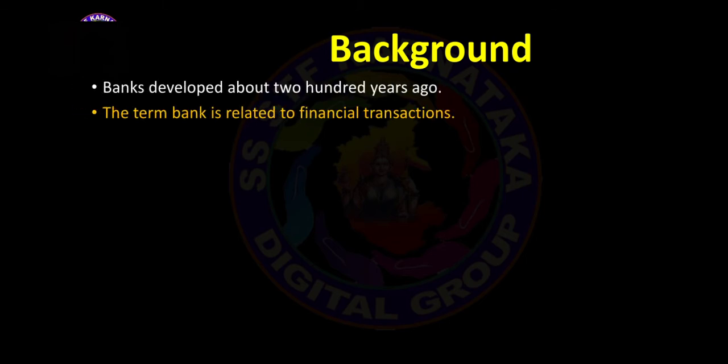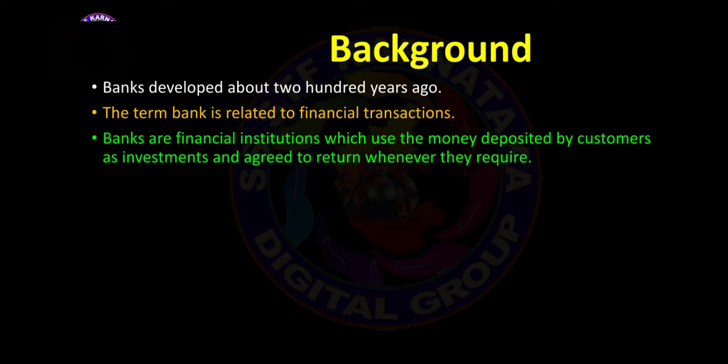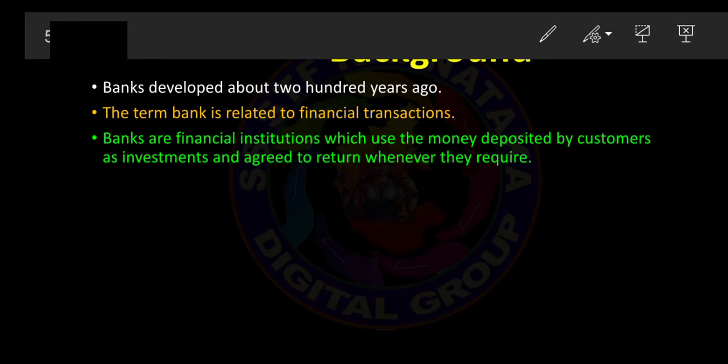Then, the term bank is related to financial transactions. Banks are financial institutions which use the money deposited by customers as investments and agree to return it whenever they require. Just keep this in mind.